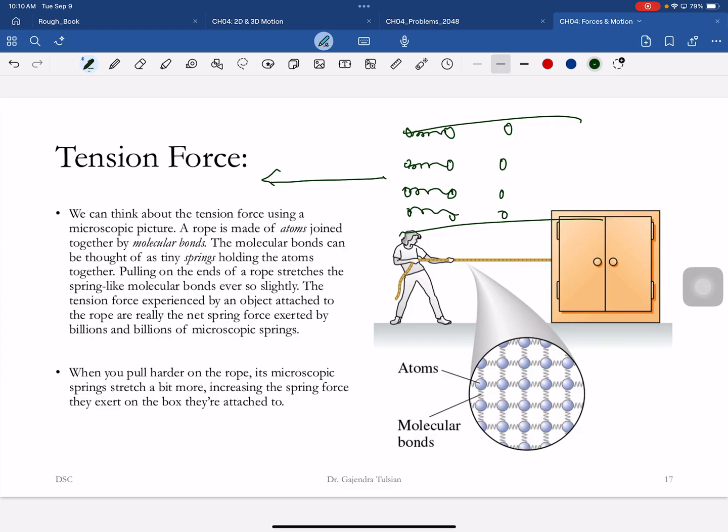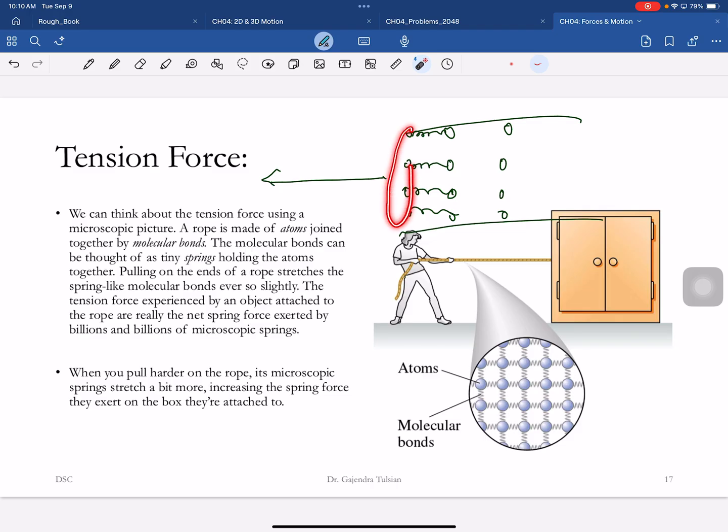Okay. So when you pull on the rope with a force of 100 pounds, what you're doing is you're pulling on this layer of atoms. You're pulling them away, and you're stretching these springs. Okay. And all those forces add up to 100 pounds.